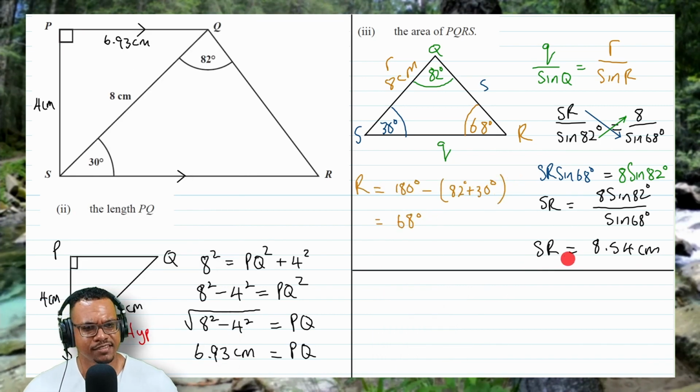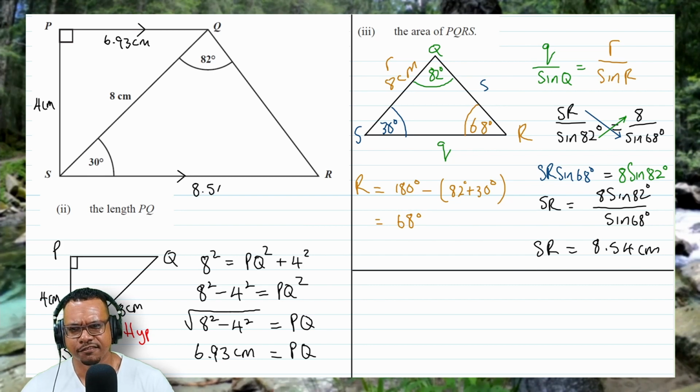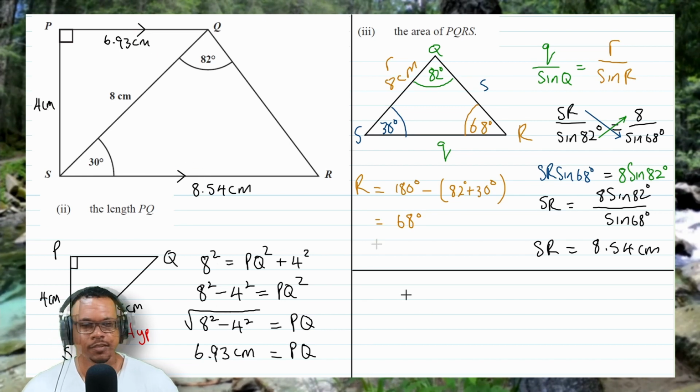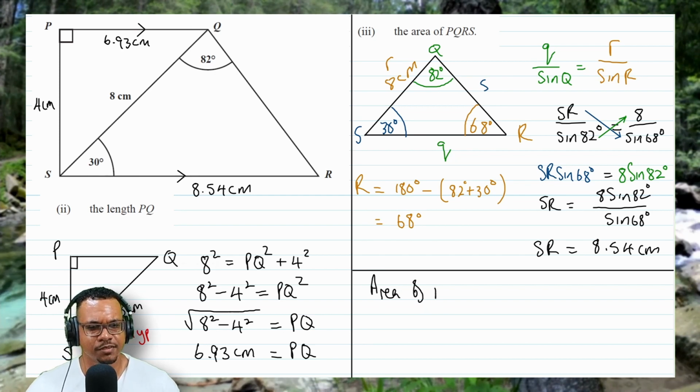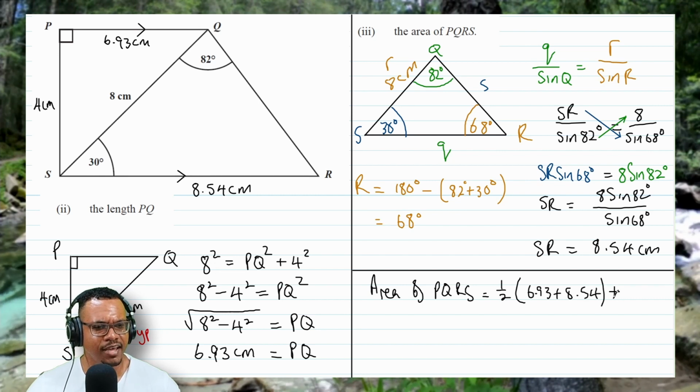All right, so now that we know the length of SR, which is 8.54 centimeters, we have the lengths of the two parallel sides, and we have the height. So we're going to have the area of the quadrilateral PQRS, which is a trapezium, is equal to half the sum of the two parallel sides, and that will be 6.93 plus 8.54 multiplied by the height, which is 4.